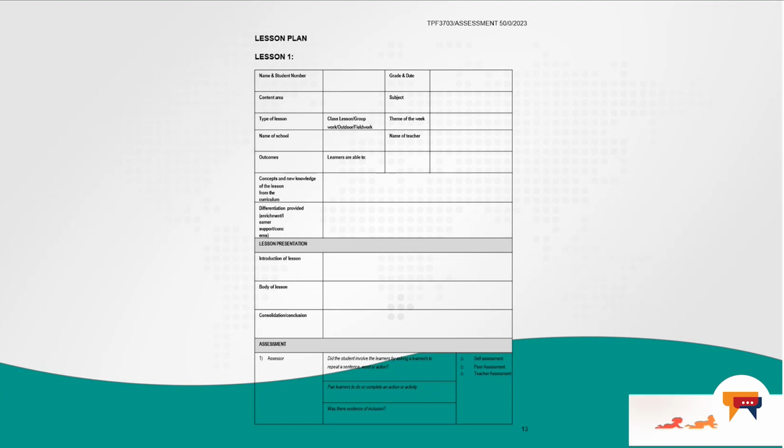The body of the lesson is the new content knowledge, the new information that you are teaching the learners. Consolidation or conclusion of the lesson. Do not just abruptly conclude the lesson. How do you consolidate the lesson?